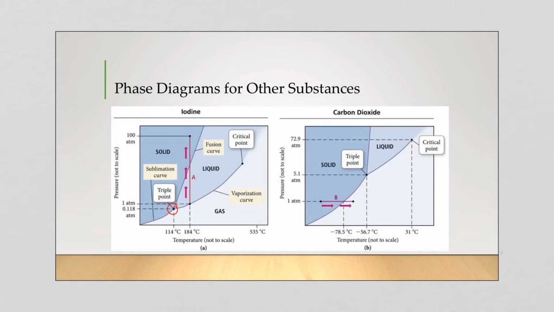Okay, so fine. At 1 atmosphere, you can see that iodine will melt, but not until you get to 114 degrees. It will boil, or vaporize, at 184 degrees.